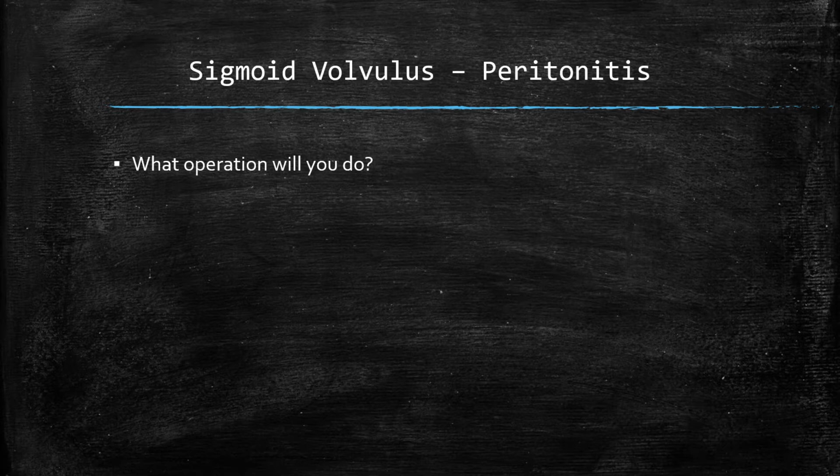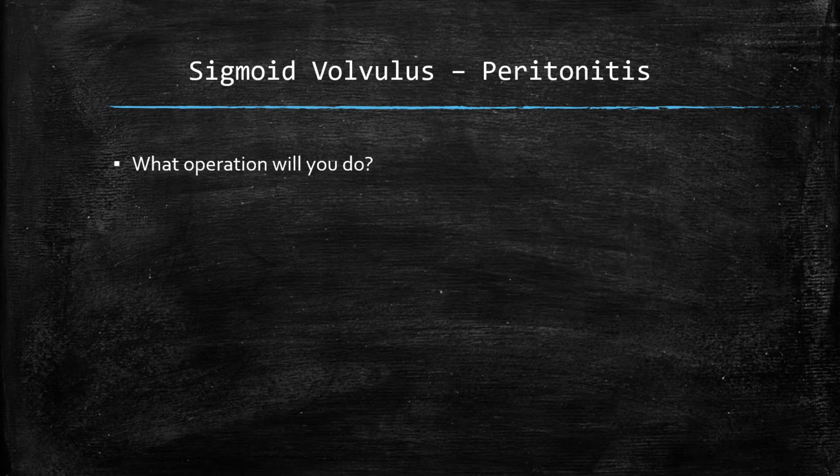At the time of operation, what are you going to do? In the vast majority of cases, you're going to do a Hartmann's procedure. Resect the dead colon, bring up an end colostomy, leaving either a Hartmann's pouch, usually, or once in a while, if you have a longer segment, a mucus fistula.